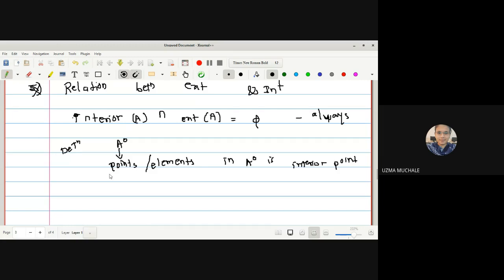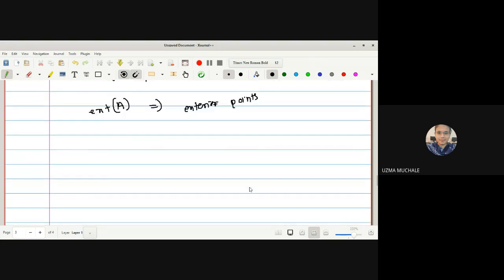Or exterior, if you want to write: exterior of A means the points which are there in exterior of A, or exterior points. Whatever may be the points in exterior of A, those are called exterior points or exterior elements.